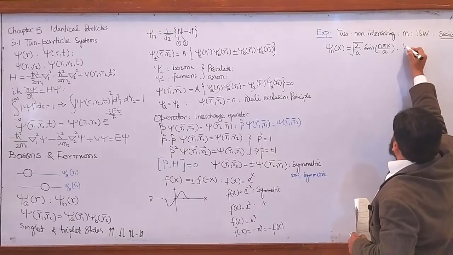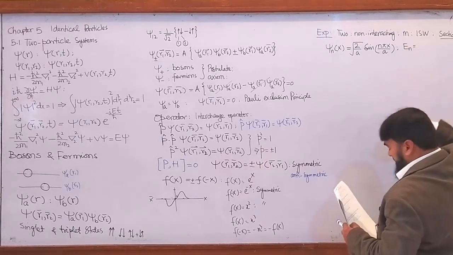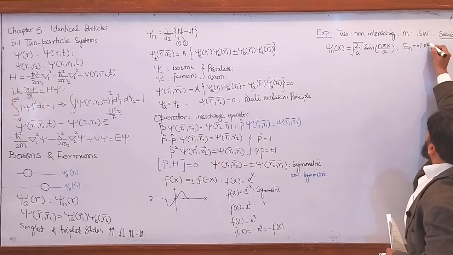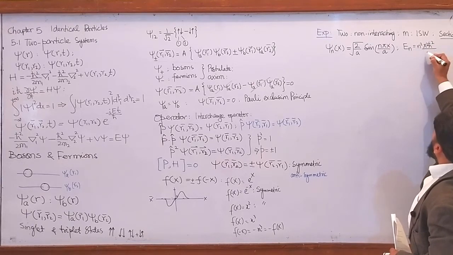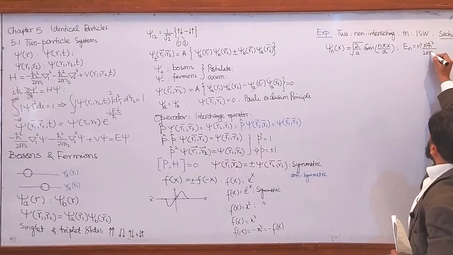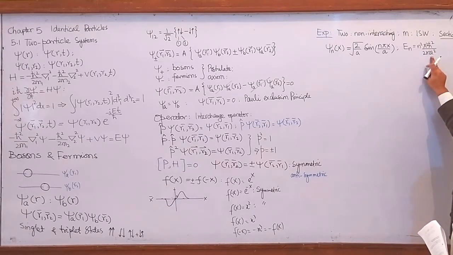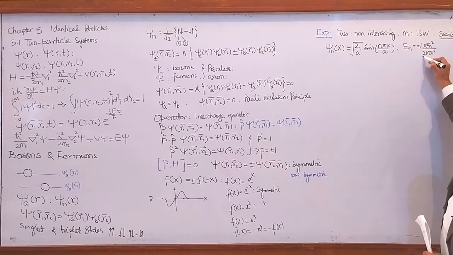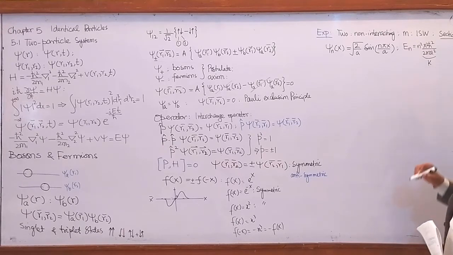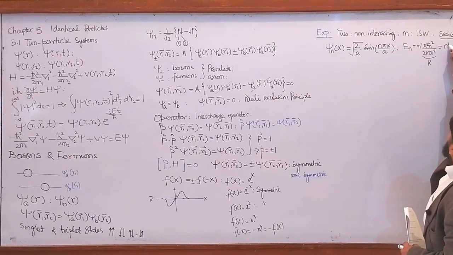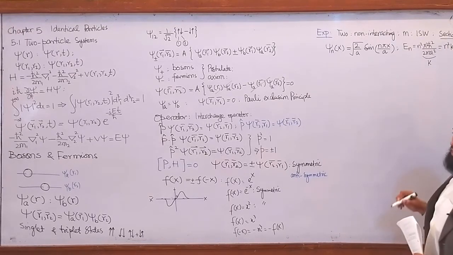And E n was equal to n squared pi squared h bar squared over 2 m a squared, where a was the width of the well. If I look at this term, it's a constant, and let me write it as K, a capital K constant. So E n I can write as n squared K.